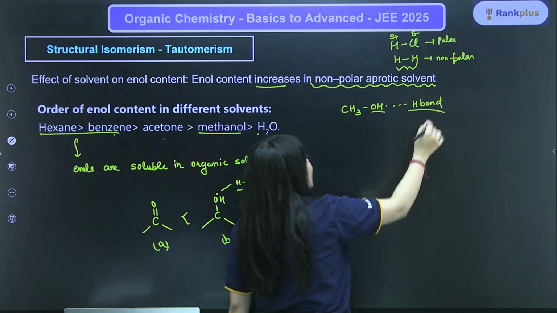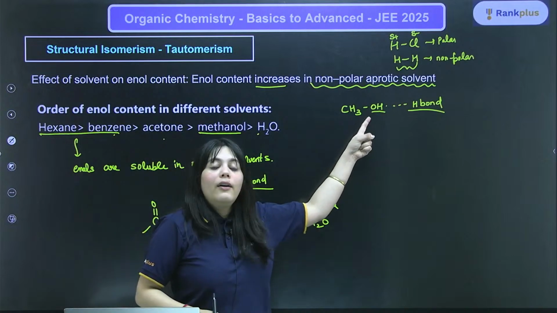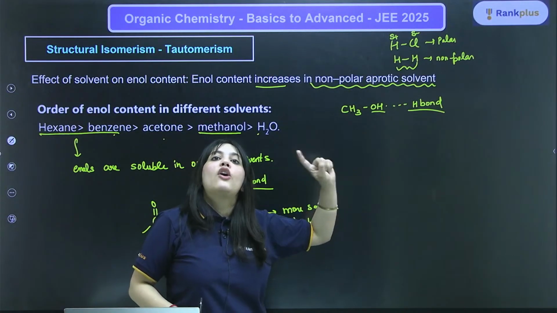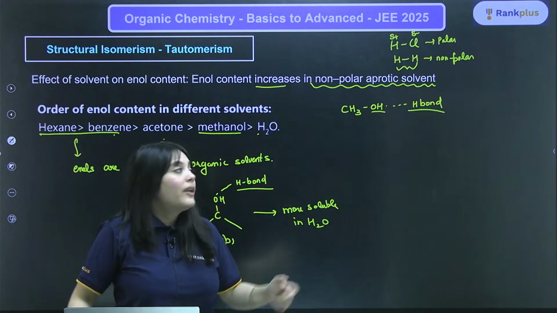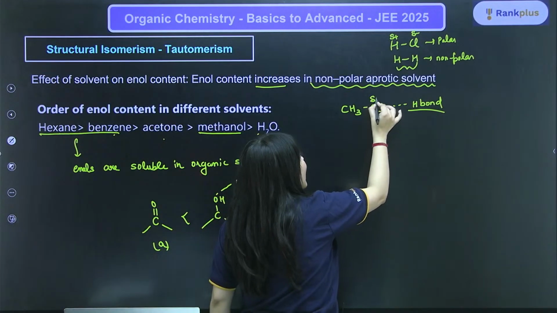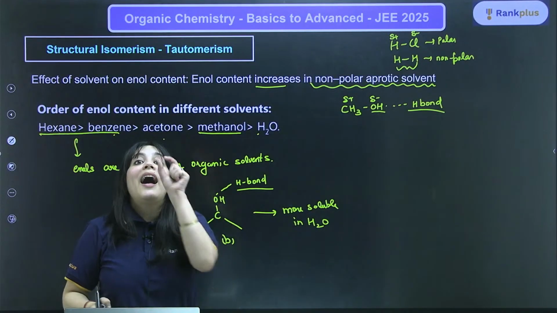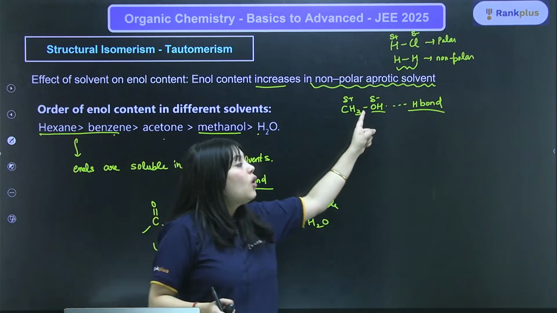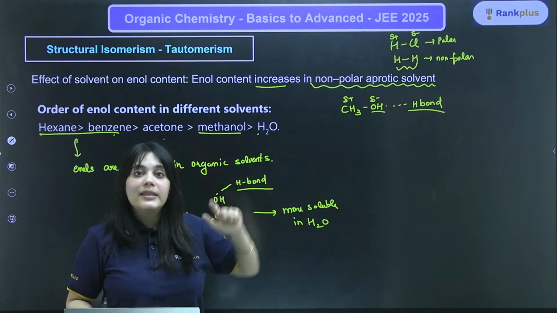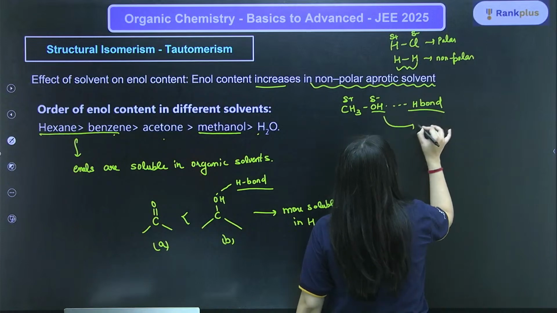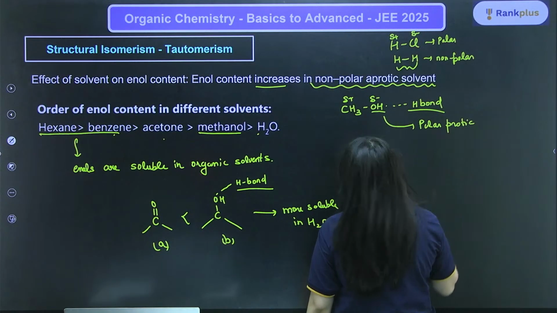Always understand this: whenever there is a hydrogen attached to an electronegative atom like oxygen or nitrogen, that solvent will definitely be polar, because of the presence of oxygen and carbon, and it is protic because a hydrogen is attached to oxygen. So methanol is a polar protic solvent.